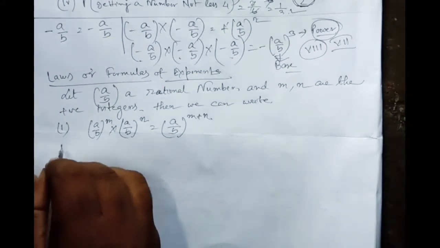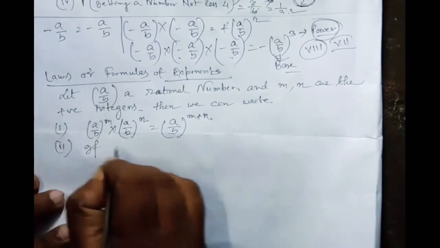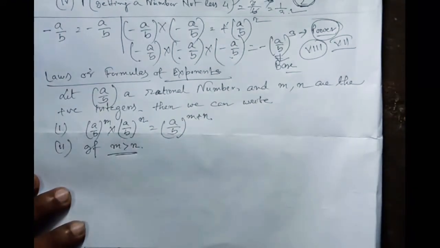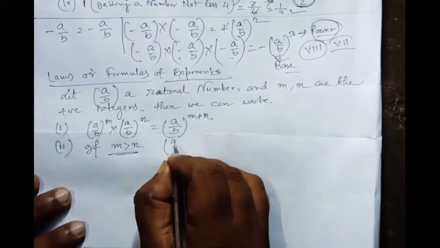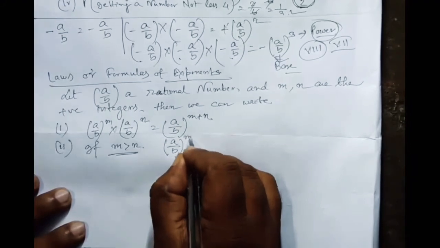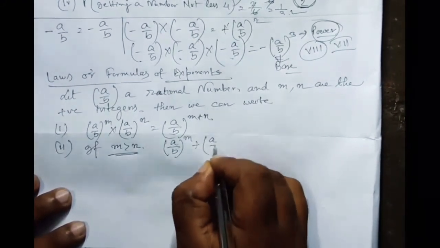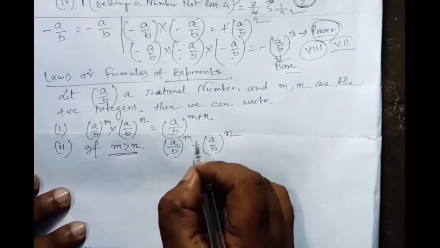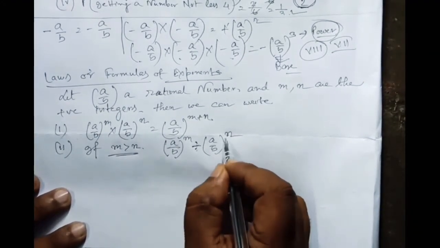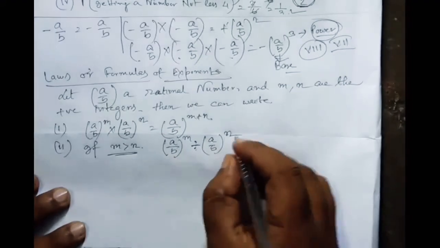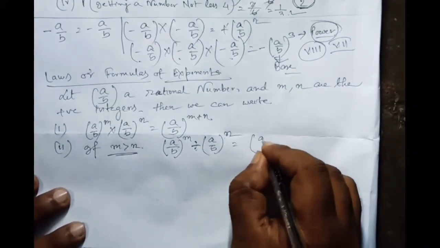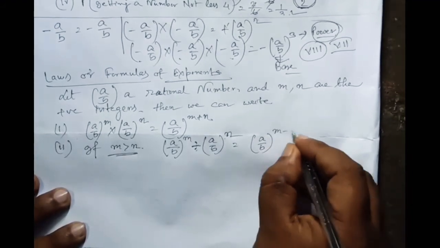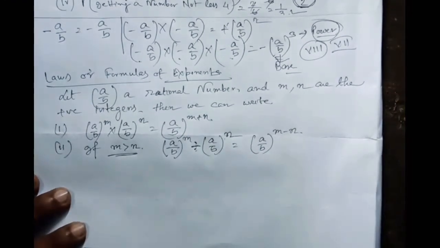Second, if m is greater than n, since both are integers, if we do a by b whole to the power m divided by a by b whole to the power n, that is, the same number with different powers divided into each other, we get a by b whole to the power m minus n.